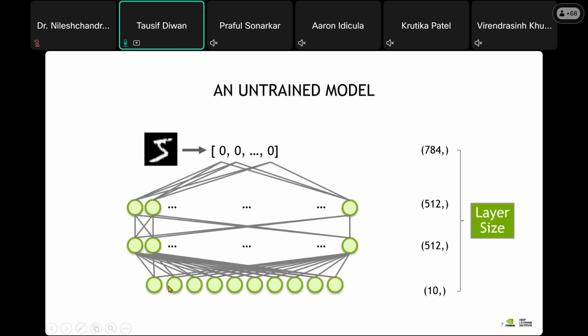And what will these 10 neurons predict? The first neuron will predict the probability that this image belongs to handwritten digit 0. The second neuron will predict the probability that this input is handwritten digit 1, handwritten digit 2, handwritten digit 3, up to handwritten digit 9. And yes, this is the neural network that we will build.